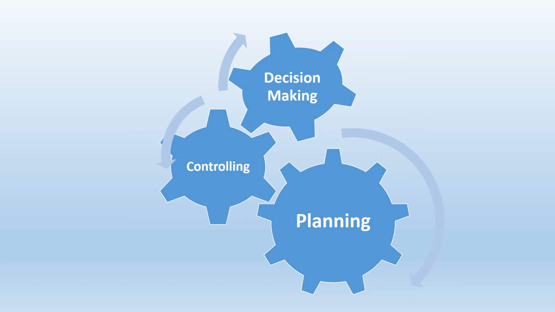Managers must choose among competing objectives and methods to carry out the chosen objectives. Only one of numerous competing plans can be chosen. A major role of the management accounting information system is to provide information for decision making.